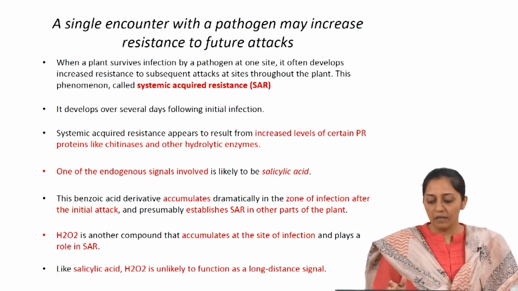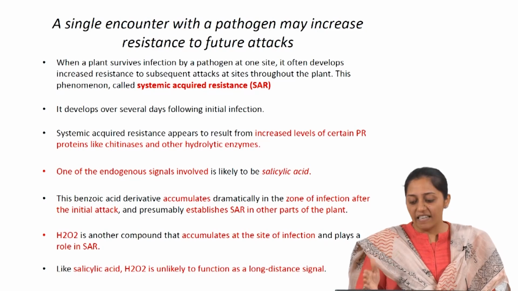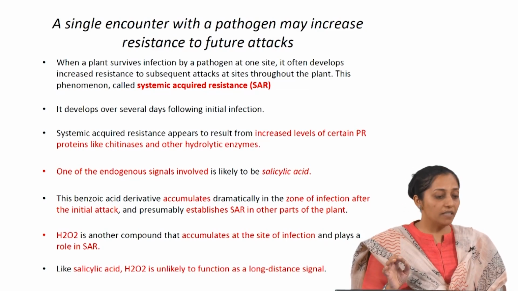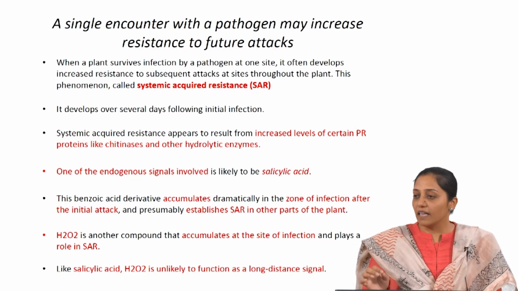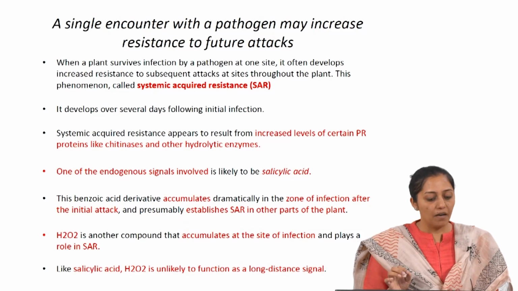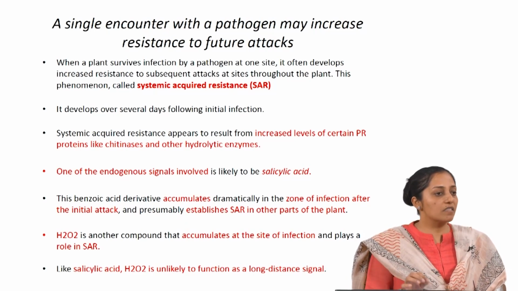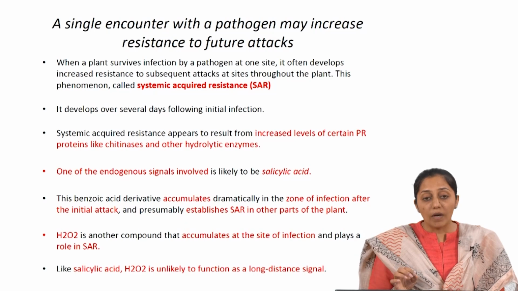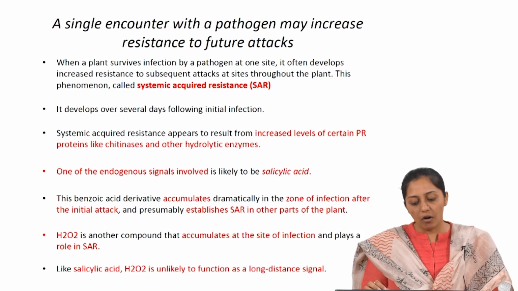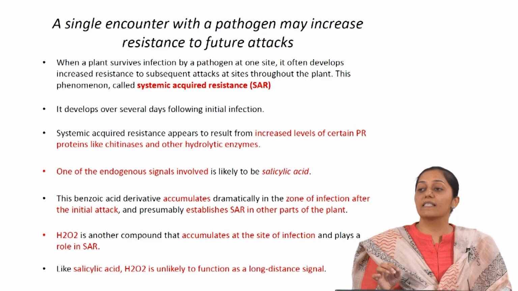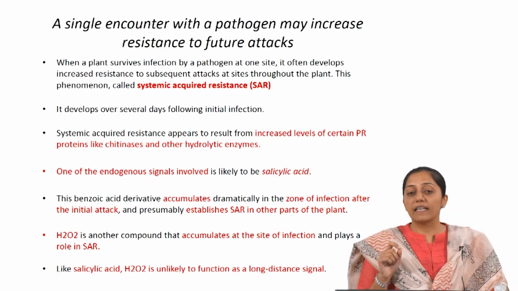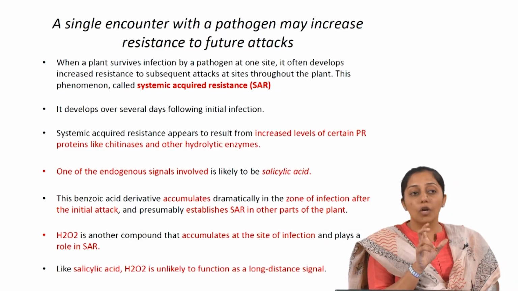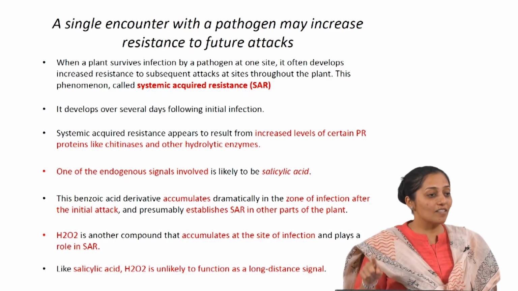How does it happen? There are increased levels of certain PR proteins like chitinases and other hydrolytic enzymes in the plants in the process of systemic acquired resistance. One of the endogenous signals involved is likely to be salicylic acid. You remember salicylic acid was one of the molecules involved in the signal transduction pathway.